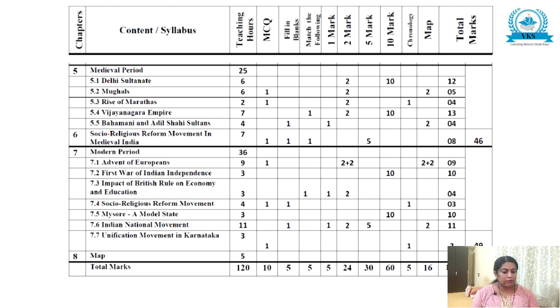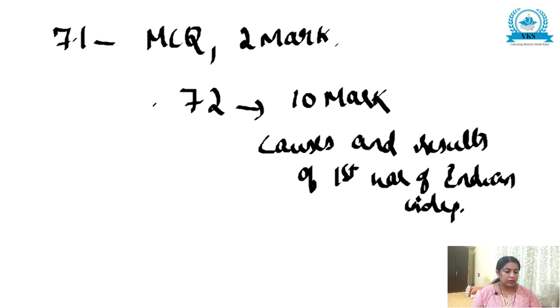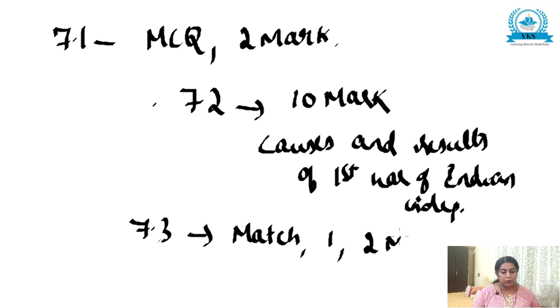Now regarding 7.3, that is impact of British rule on economy and education. From 7.3 you will have match the following, 1-mark question and 2-mark question also can come from this.